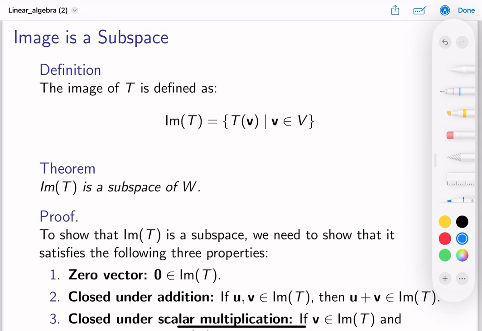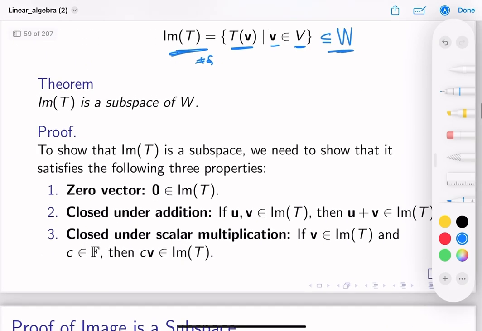I remind you, the image is the set of all T of v as v ranges over V. Let's say T is a linear transformation from V to W. Then the image of T is a subset of W. To show that the image is a subspace of W, we need to show that it's not empty, and that it's closed under addition and scalar multiplication.